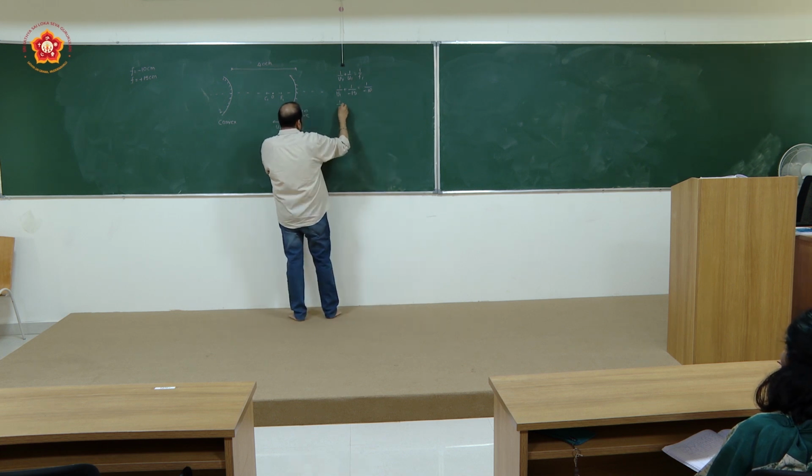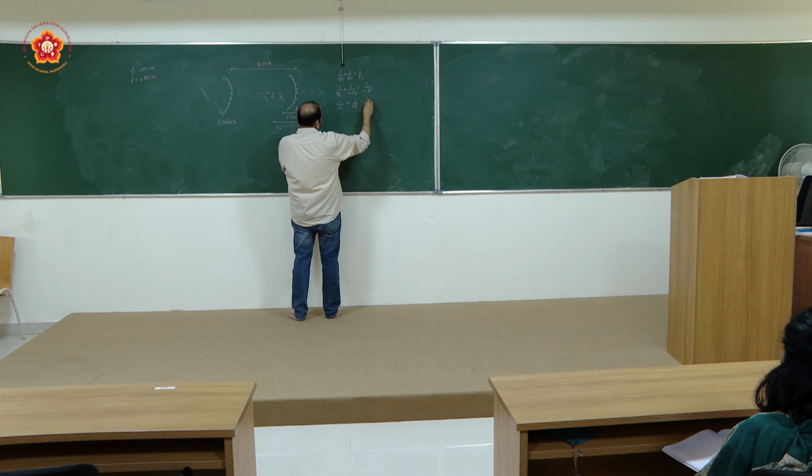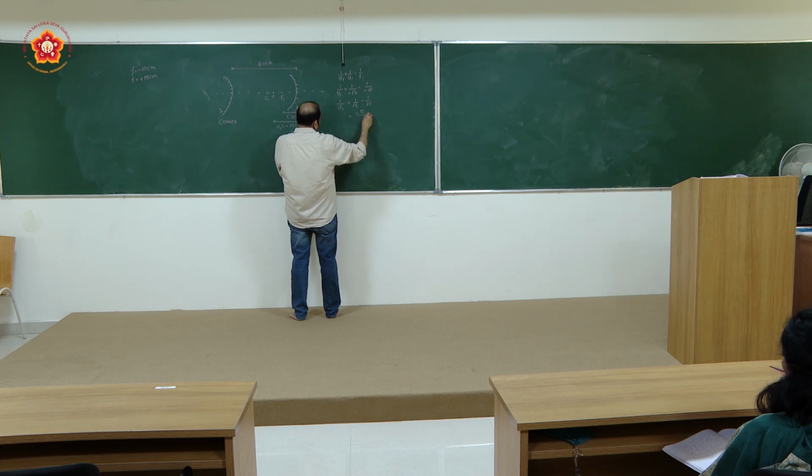So 1 by V1 is equal to 1 by 15 minus 1 by 10. That gives 10 minus 15, that is minus 5, divided by 15 multiplied by 10. So V1 turns out to be minus 30 centimeter.